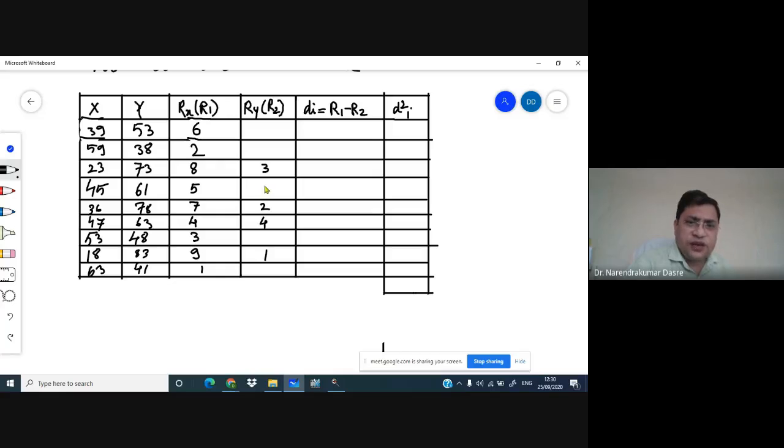Then 61, we have 5. Then after 61, 53, 6. Then 48, so it is going to be 7. Then 41, this is going to be 8. And then last 38, so it is going to be 9.